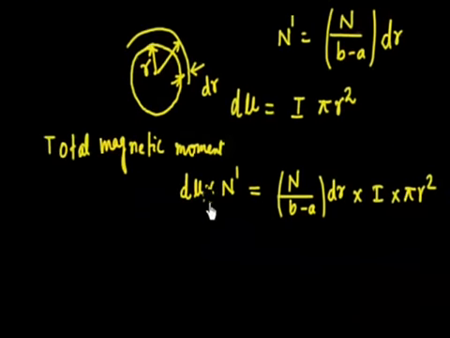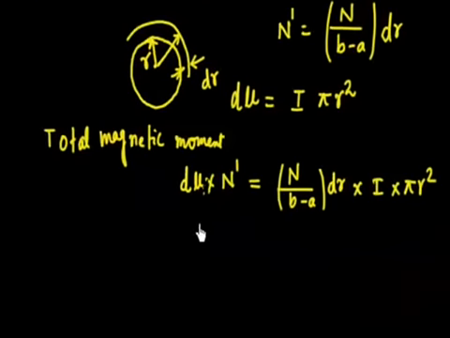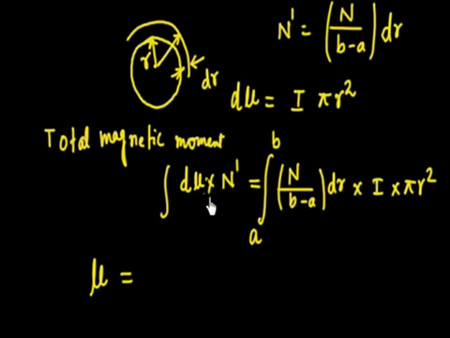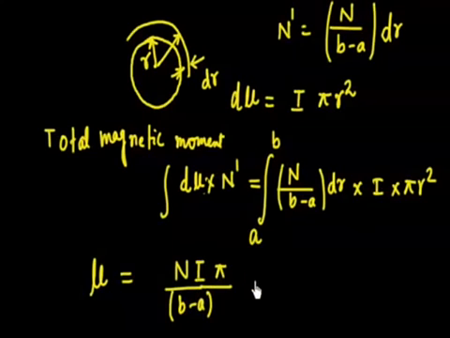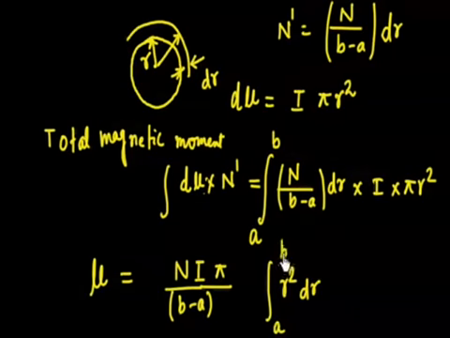Now if I integrate this, I will get the total magnetic moment mu. R goes from A to B, and this goes from 0 to mu. So mu is nothing but n by B minus A is a constant, I can take this outside. I and pi are also constants, so they can also go outside. So I will be left with r square dr. So I have to integrate from A to B. Are you getting or not?